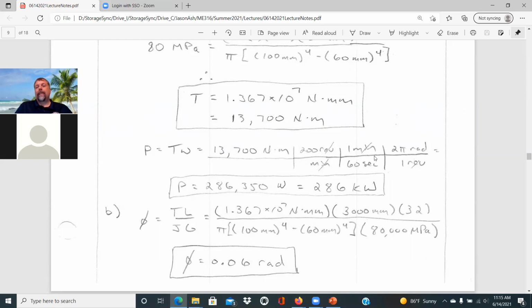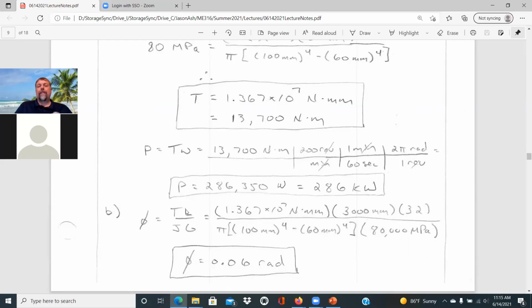Revolutions cancel, minutes cancel, and radians is essentially unitless once it all gets multiplied through together. So it'd be a Newton meter, a joule per second is a watt. So 286,350 watts. Divide that by 1,000 and you have 286 kilowatts.